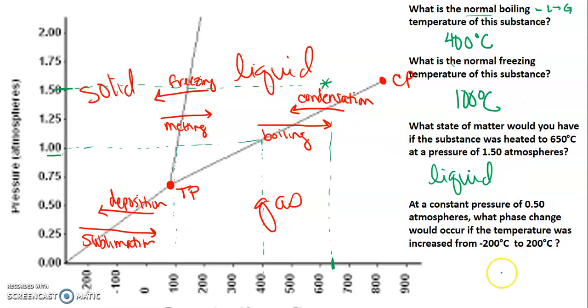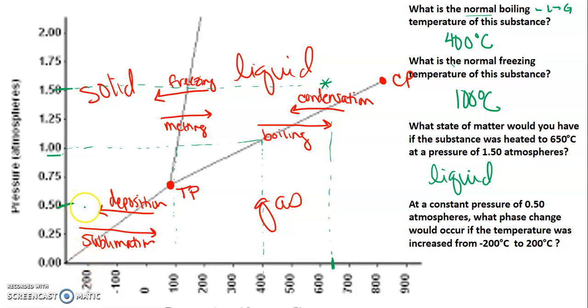And the final type of question I could ask you is, at a constant pressure of 0.5 atmospheres, what phase change would occur if the temperature was increased from negative 200 degrees to positive 200 degrees? So I'm at a pressure of 0.5 atmospheres, so I'm here.